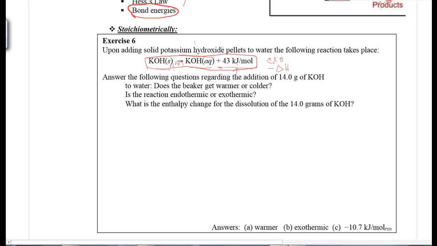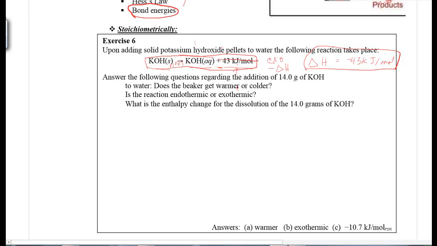A lot of times you won't see this written as plus 43 kilojoules. You will see this written as delta H equals negative 43 kilojoules per mole. Now, both of these mean the same thing. Writing it as a product or writing delta H equals this mean the same thing. Okay, so heat is leaving.